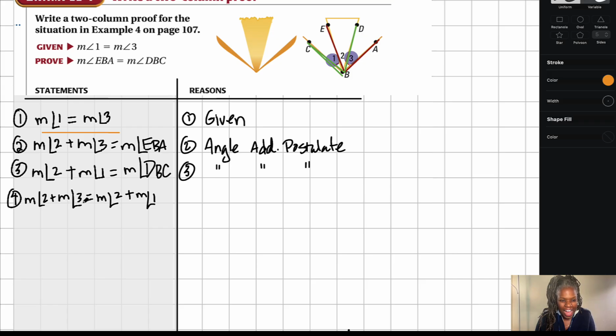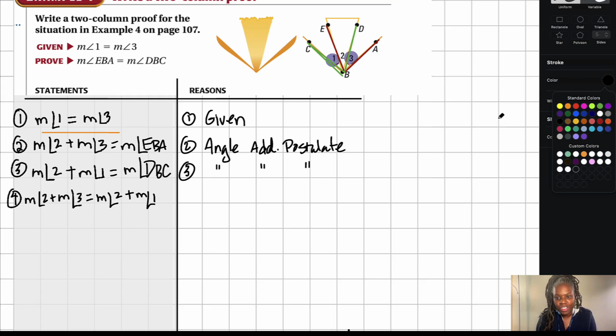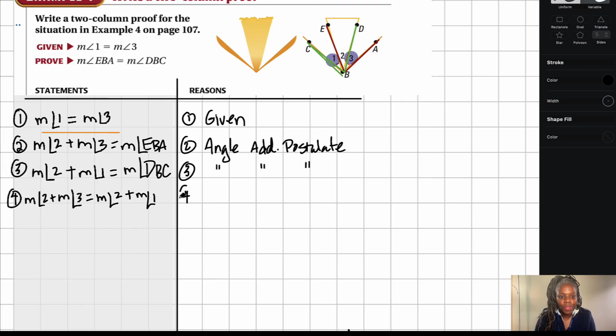Down here, I still have 1 and 3 being equal to each other, but notice I've added something, the same thing, to both sides. There is a rule that gives us permission to do that, and it has nothing to do with any of the stuff going on in here. It has everything to do with the addition property of equality, right?